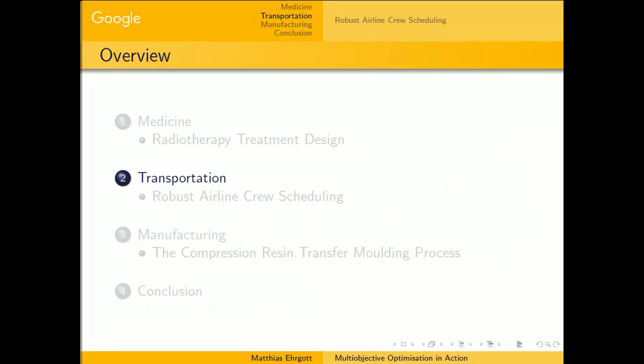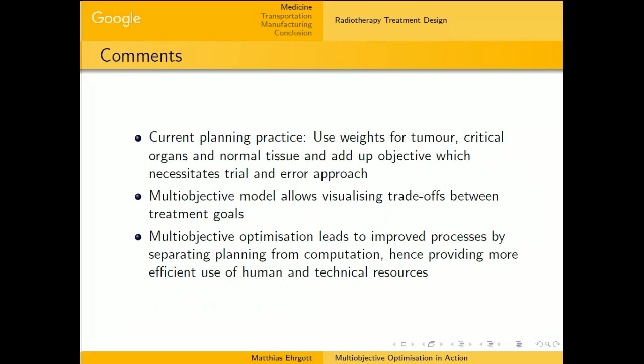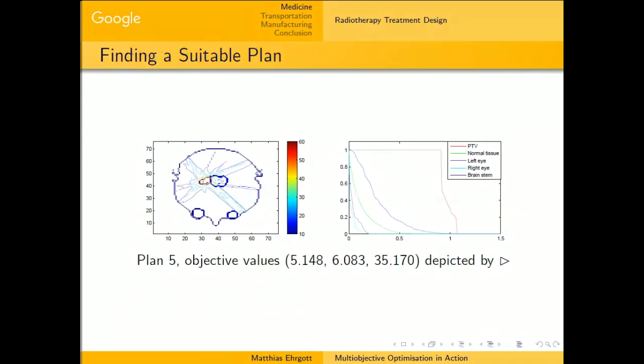Yes, that's part of the information that is presented to the planner. So what we see is not just showing these pictures. I haven't explained what they mean, but on the left is a dose distribution picture, and on the right is what is called a dose volume histogram. That shows how much of a particular volume receives how much dose. So the red line is the tumor, and what you want there is for all of the volume, that's the one on the horizontal axis, to receive the prescription dose.